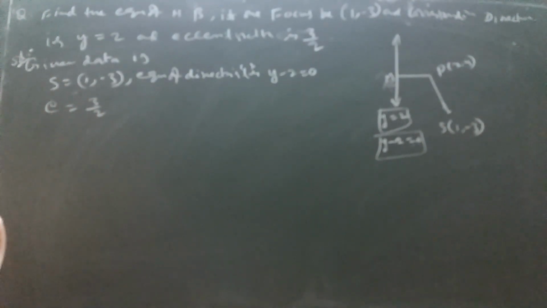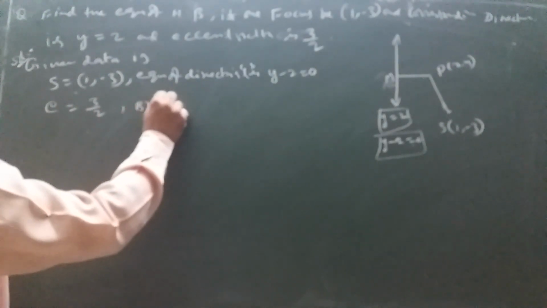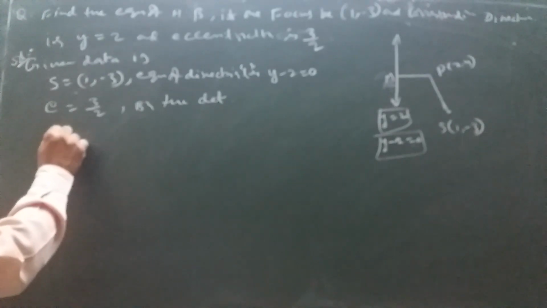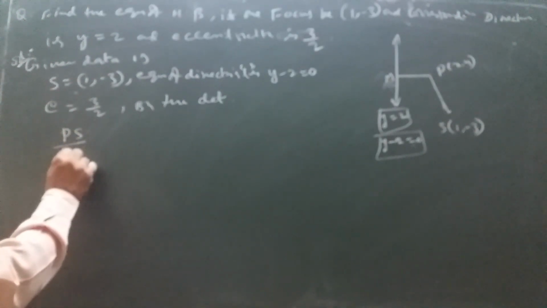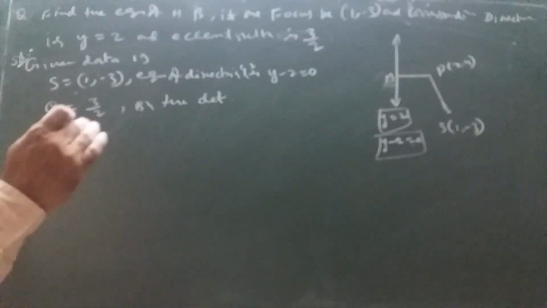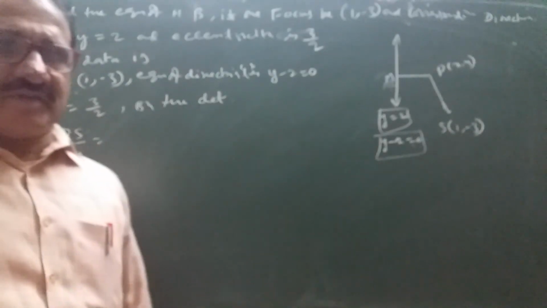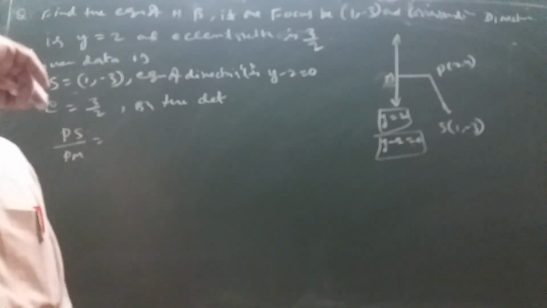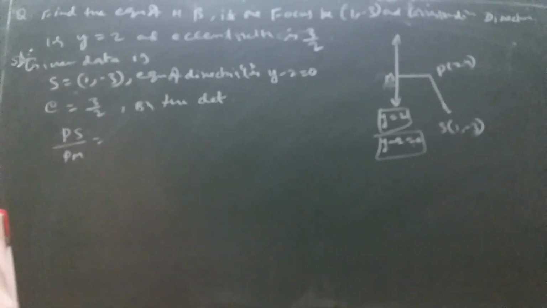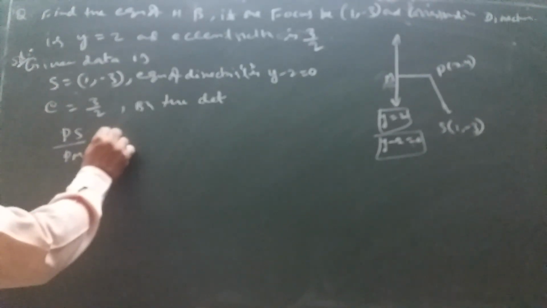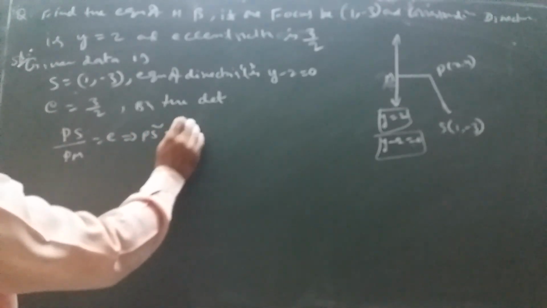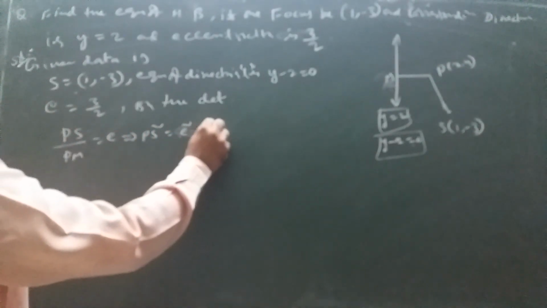By the definition, we can say that PS by PM, that means distance from the fixed point to the locus point, and perpendicular distance from the locus point to the directrix, is equal to e. That implies PS square is equal to e square into PM square.